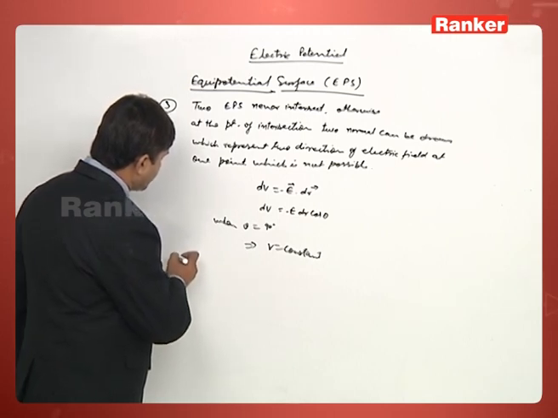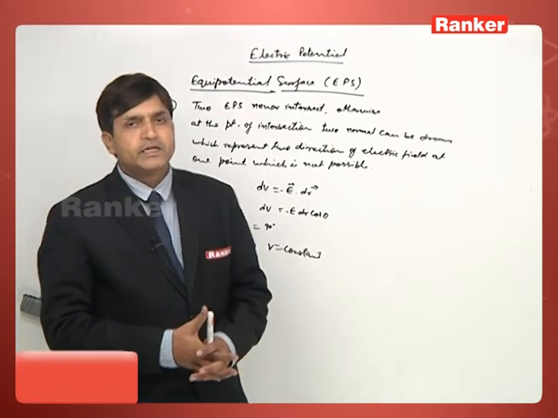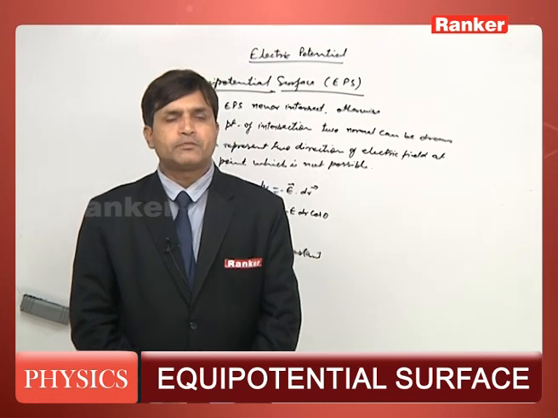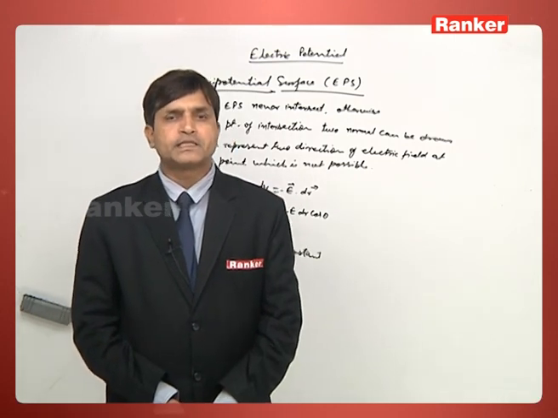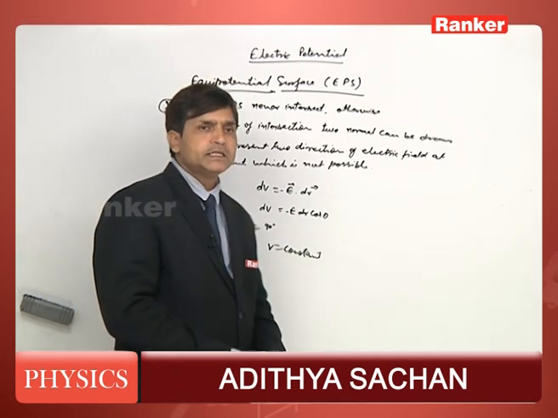Next, point 4. When a charged particle is moving from one point to another point on the same equipotential surface, then the work done on that charged particle will be 0.